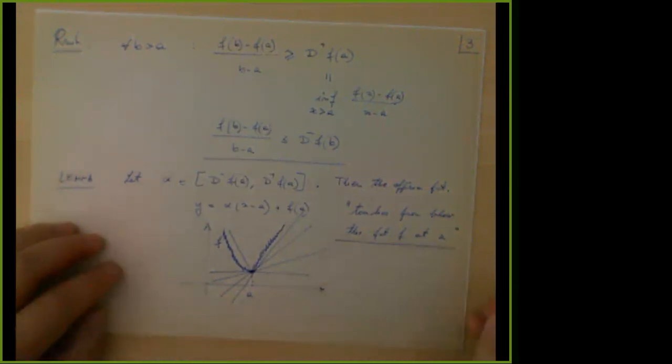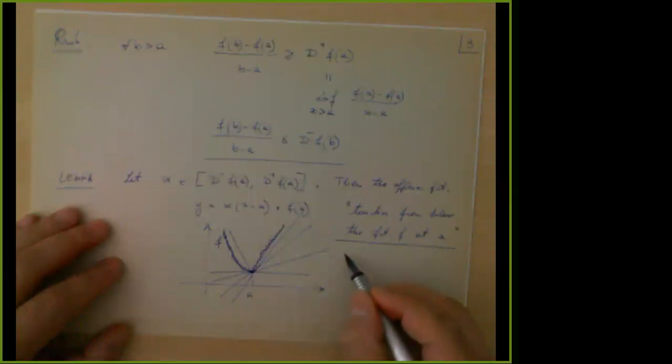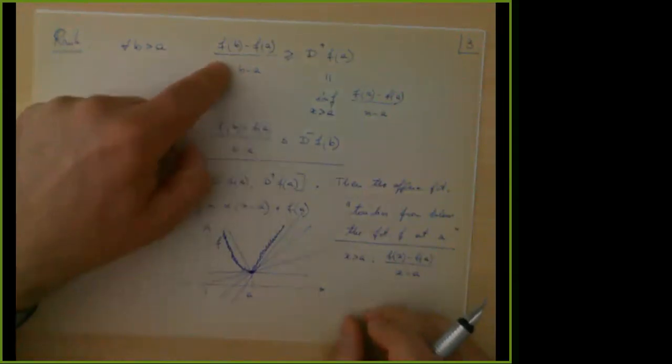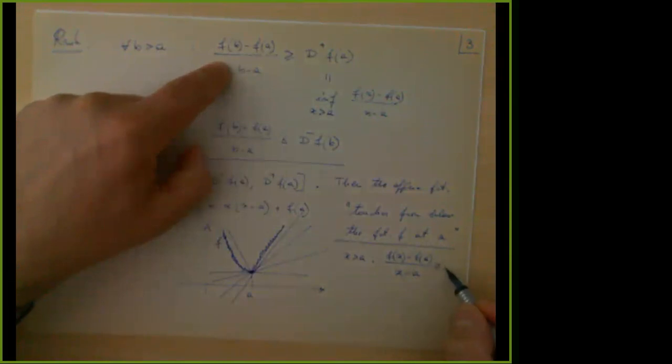I just give one case, the other one I leave to you. So assume that x is larger than a. Then we have that f of x minus f of a over x minus a, and this comes from here, is larger or equal than d plus f at a.